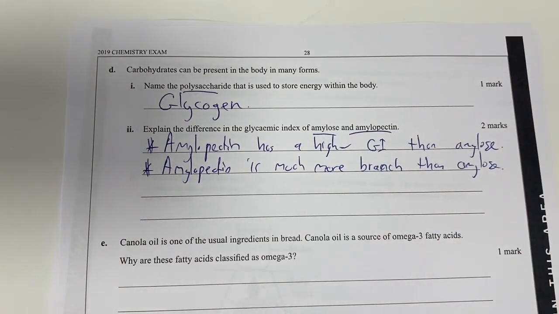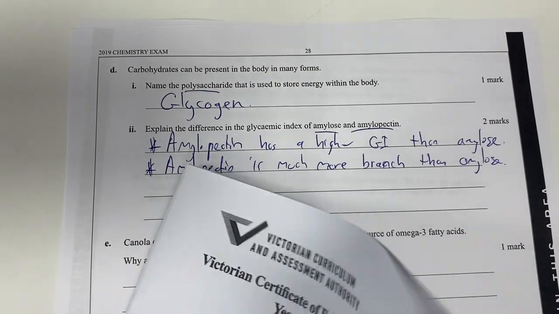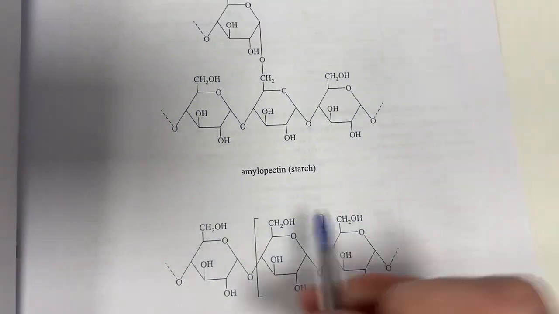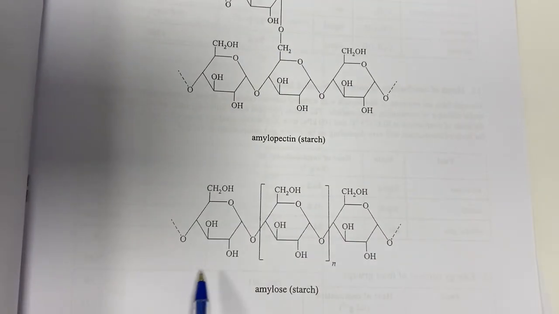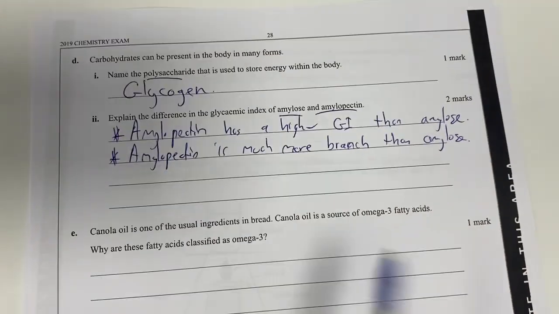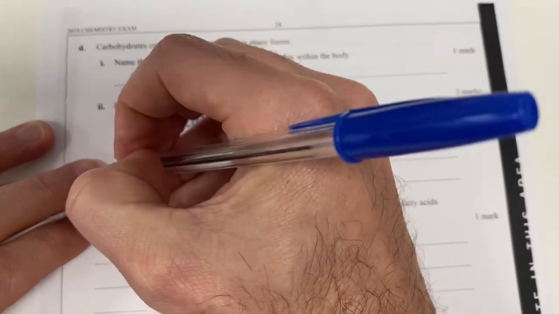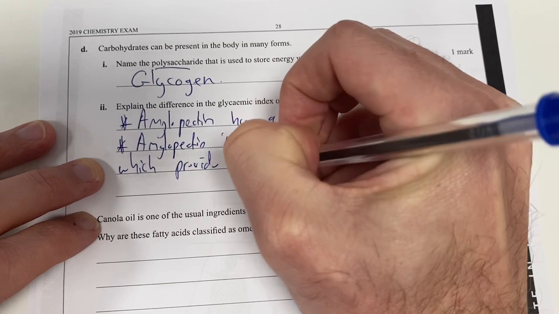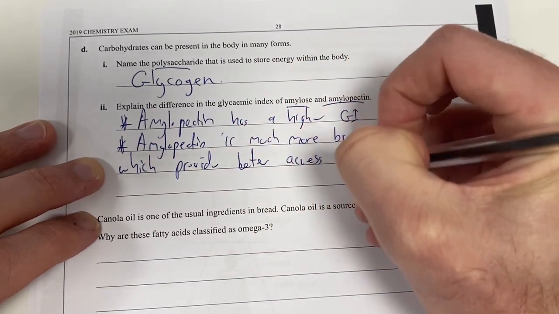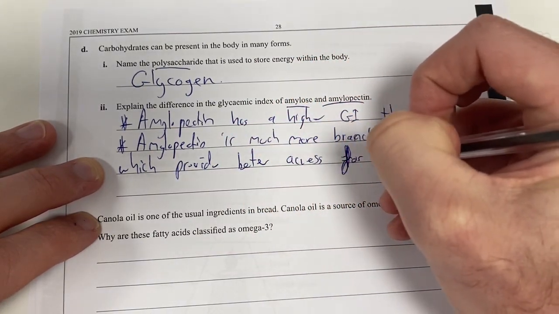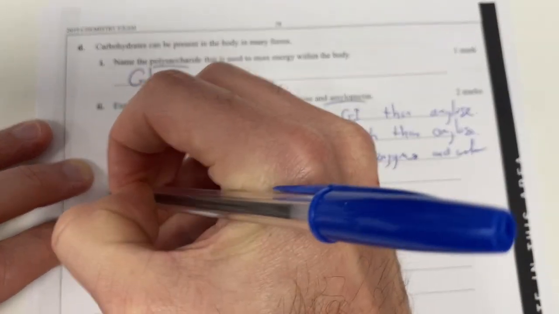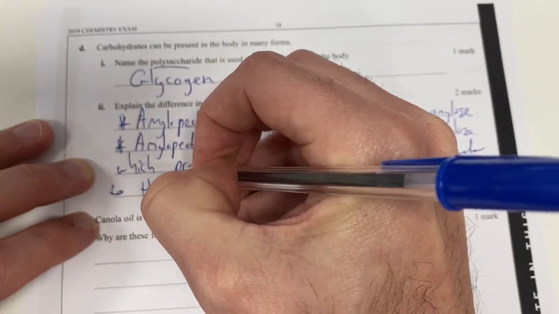This is something you should know, but it's also in our data booklet, going into the structure of these two things. Actually, there it is. Amylopectin's got a branch coming off, whereas amylose is a straight chain. So therefore, amylopectin is much more branched than amylose, which provides better access for enzymes and water to the ether linkages.